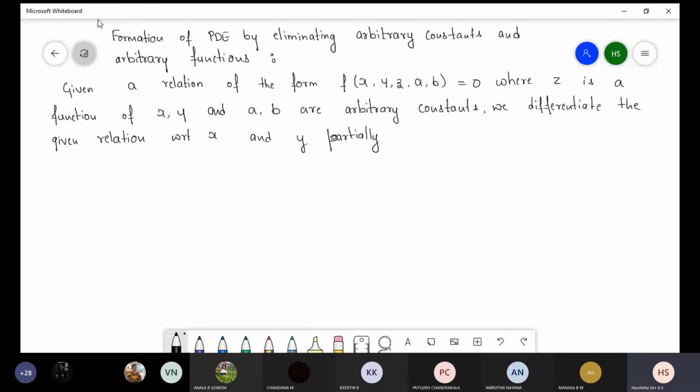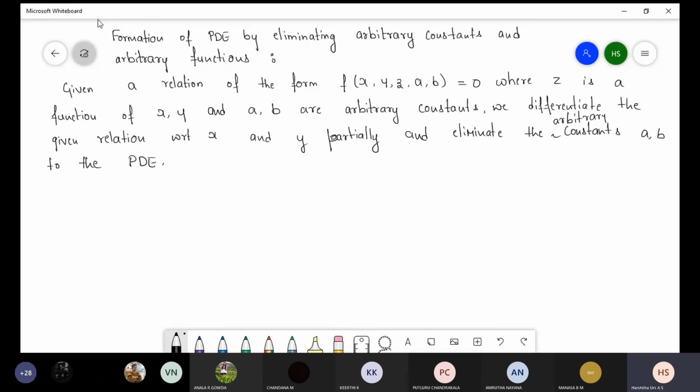After differentiating, we have to eliminate the arbitrary constants a and b to form the partial differential equation. This is the procedure.